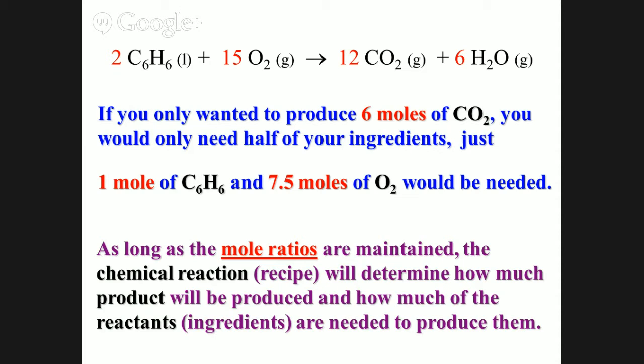Well, 6 is 6 times bigger than 1. I could go to a quarter recipe even. I mean, it doesn't have to be any nice number. And therefore, if I only wanted to make 3 moles of CO2, well, then I'm just going to need half a mole of the C6H6 because, again, half times 6 gives me 3. I'm maintaining those mole ratios.